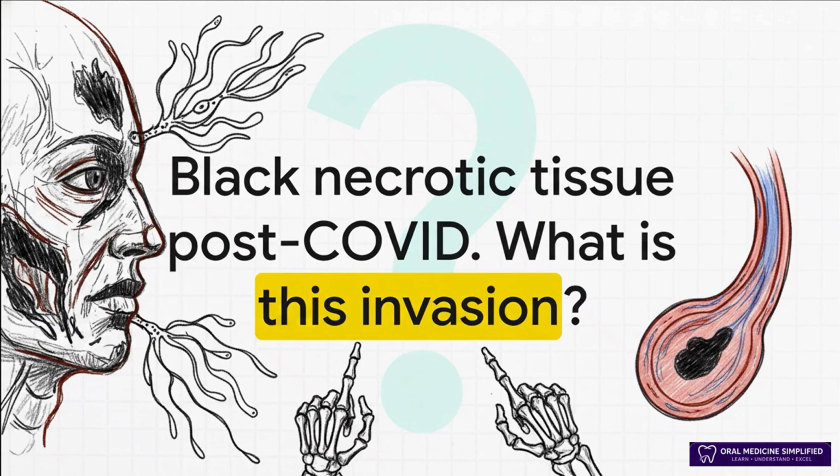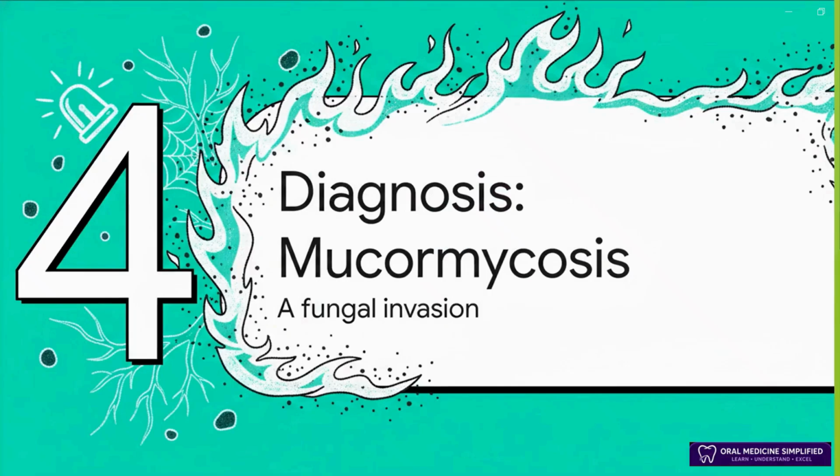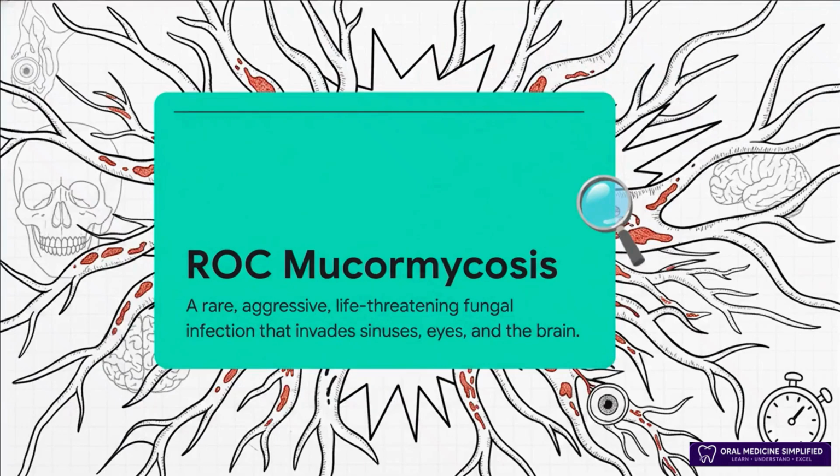This is not coincidence. This is a setup, a perfect storm. So doctor, what's happening here? What is destroying this patient's face? This is mucormycosis or rhinoorbital cerebral mucormycosis, and this is an emergency.